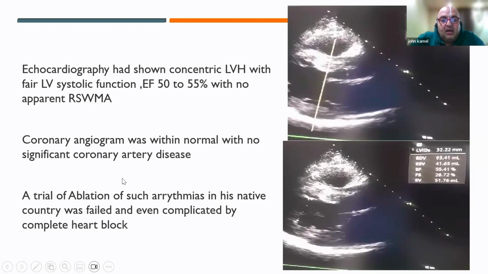He entered a trial of ablation of such arrhythmia in his native country, and this trial failed and was even complicated by a complete heart block. So when he traveled to Egypt, he came with such an ECG.